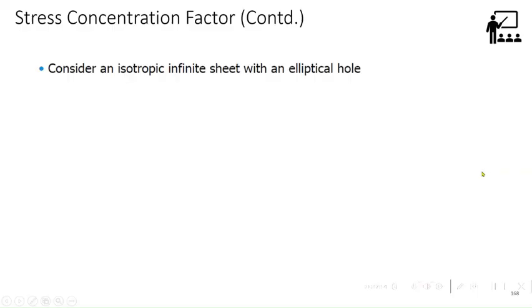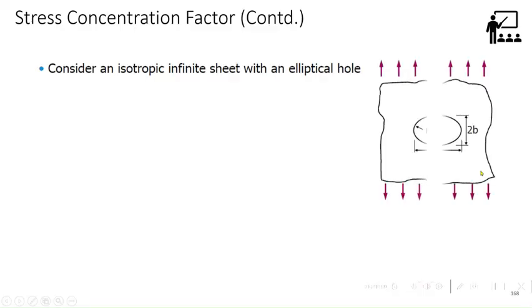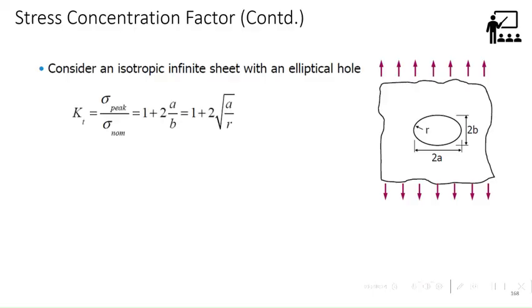So there is some generic information. See, for a plate with a circular hole, KT is independent of dimensions, right? But when it comes to any discontinuity other than a circular hole, for example an elliptical one with half major axis a and half minor axis b, and r the radius of curvature, KT is sigma peak by sigma nominal, which is 1 plus 2a by b, or 1 plus 2 square root of a by r.